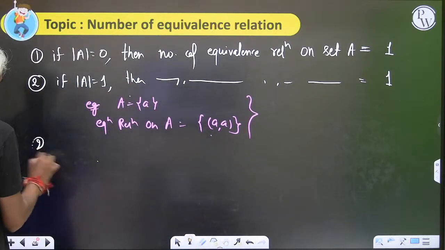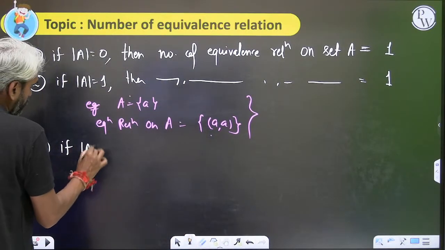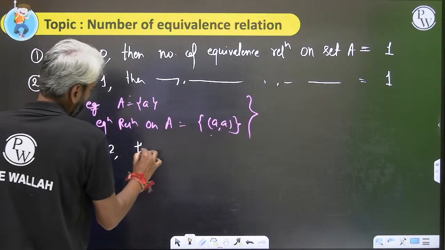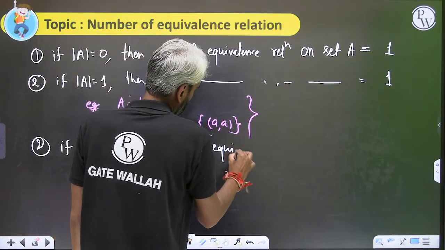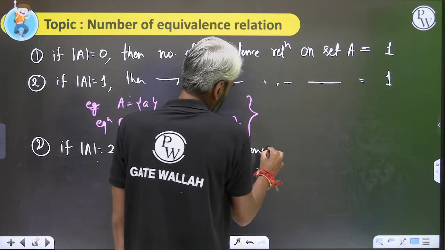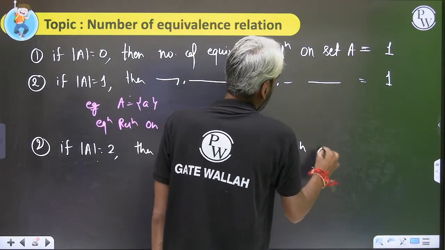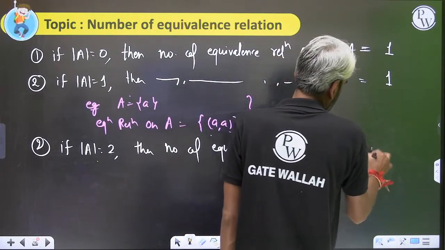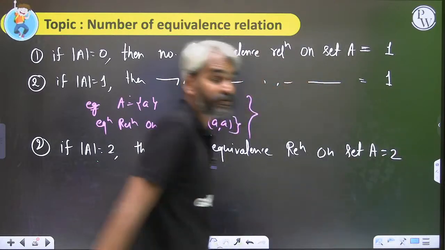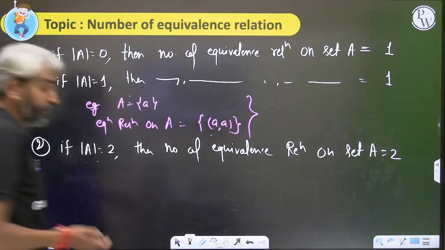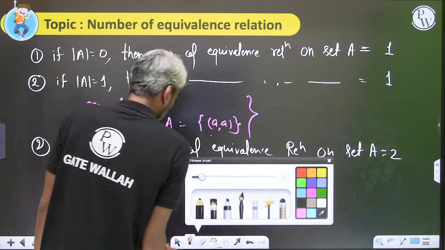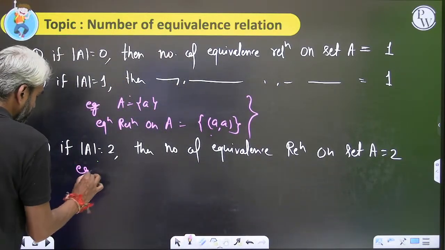Similarly, if |A| equals 2, then the number of equivalence relations on set A. So we know how many partitions of set A if the cardinality of set A is 2. Let's take an example.